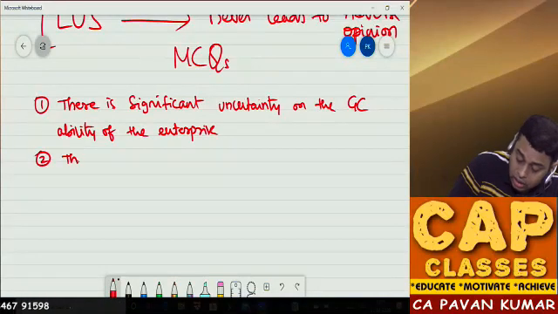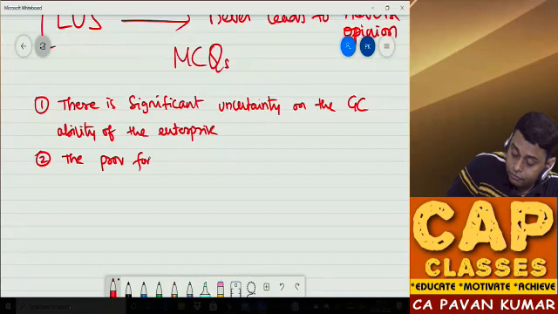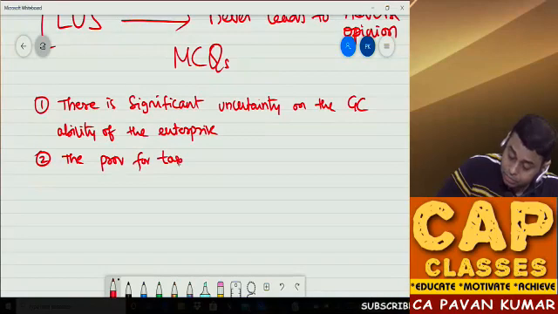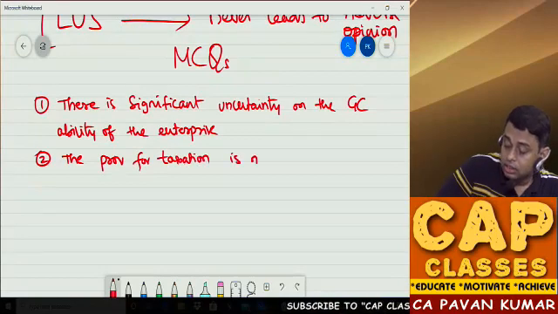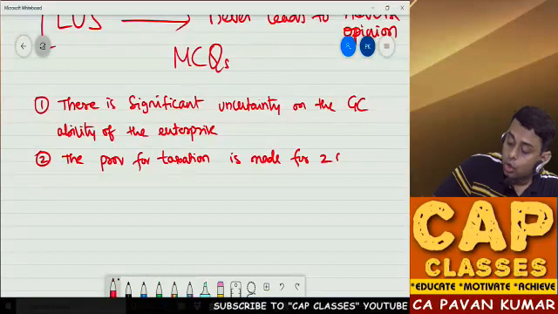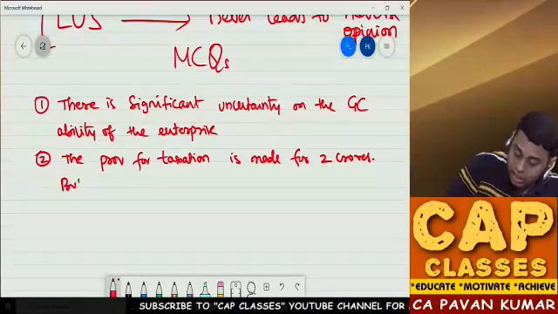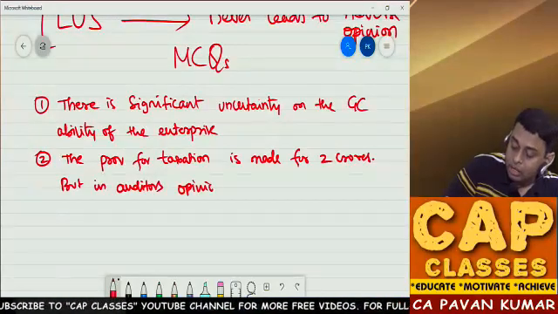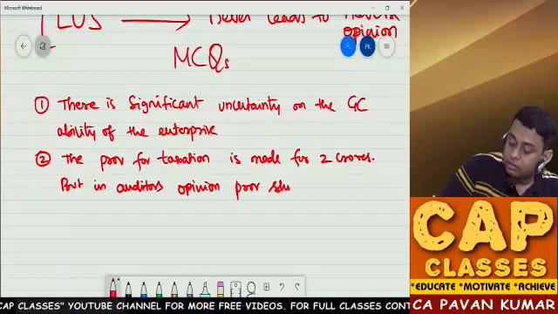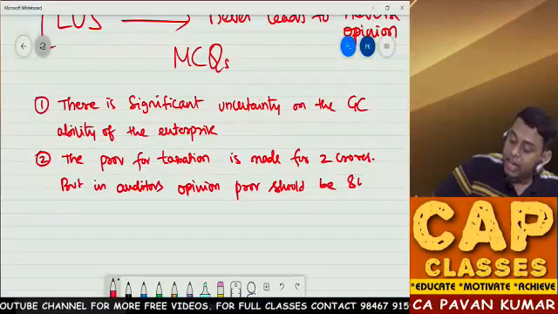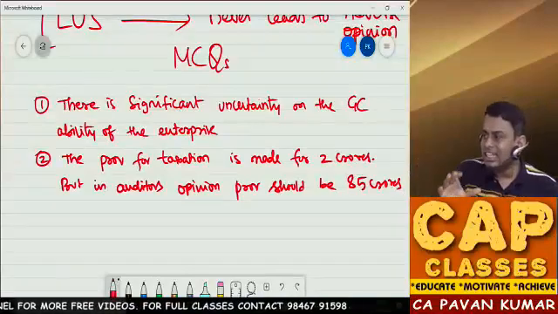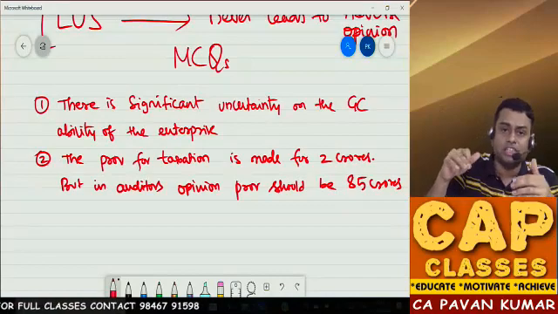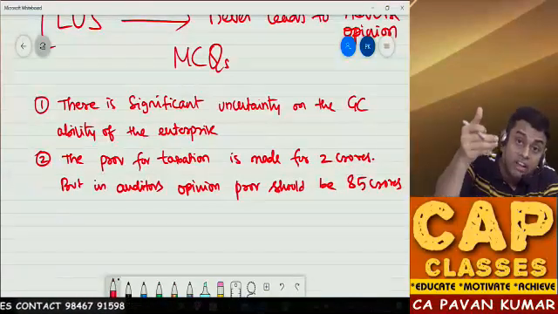Two, the provision for taxation is made for 2 crores, but in the auditor's opinion, provision should be 85 crores. So these are some examples. I am giving you some examples based on previous examination questions and based on my experience and understanding, so that you will understand it in a better way.